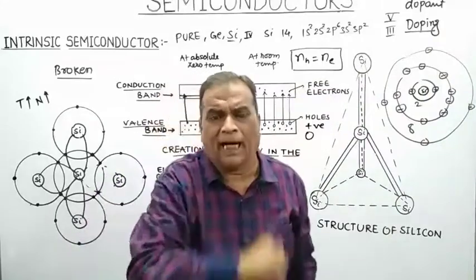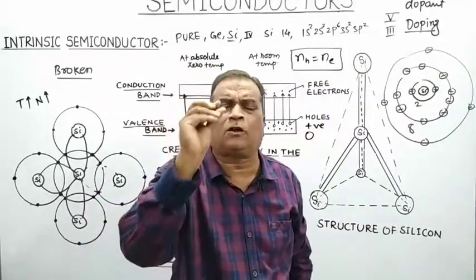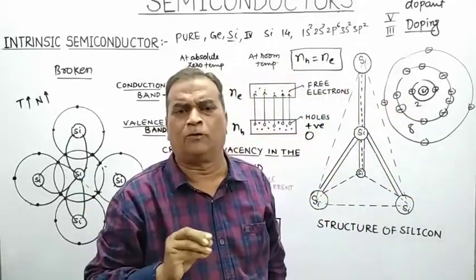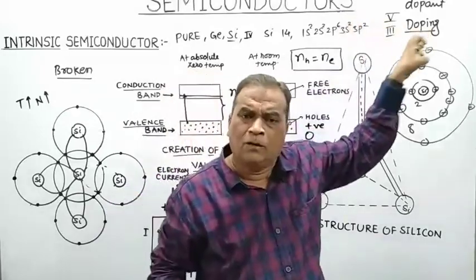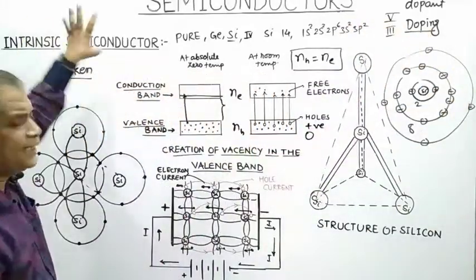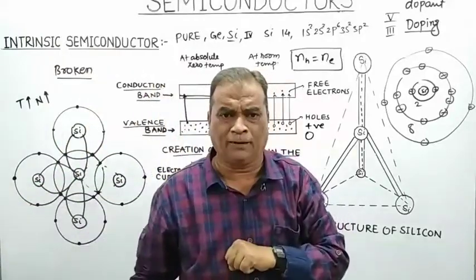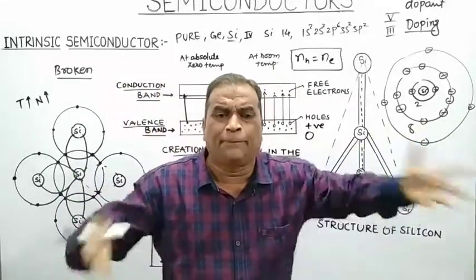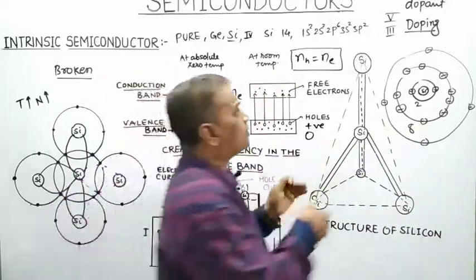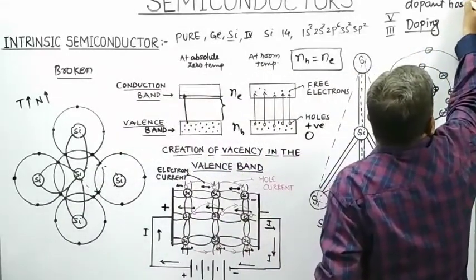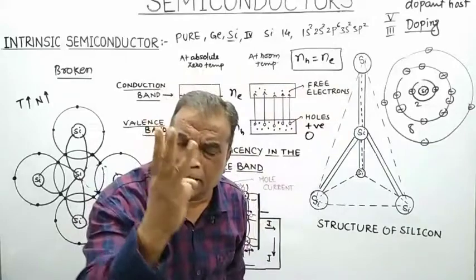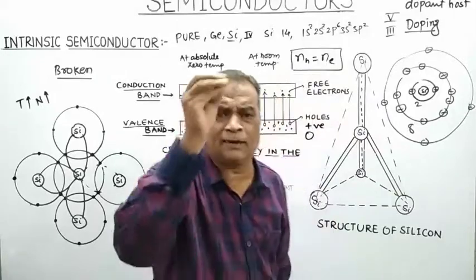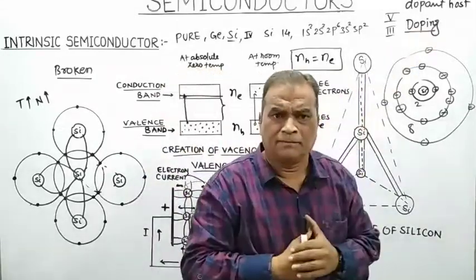Dopant means the small amount of impurity atom added to a pure semiconductor, or to an intrinsic semiconductor. And the parent atom, may be silicon or germanium, the parent atoms are called as what? Host. Parent atoms are called host. So you remember 3 points. Doping is the process of adding impurity atom to pure semiconductor.